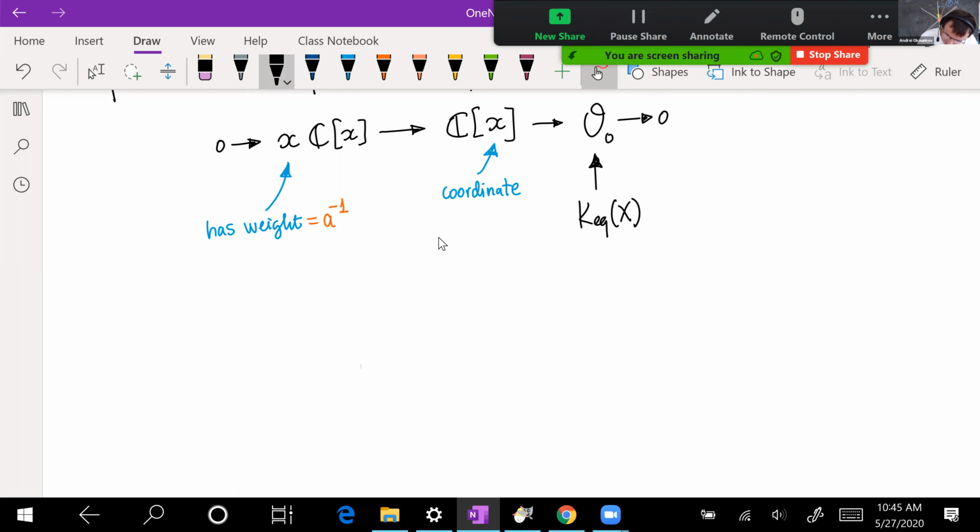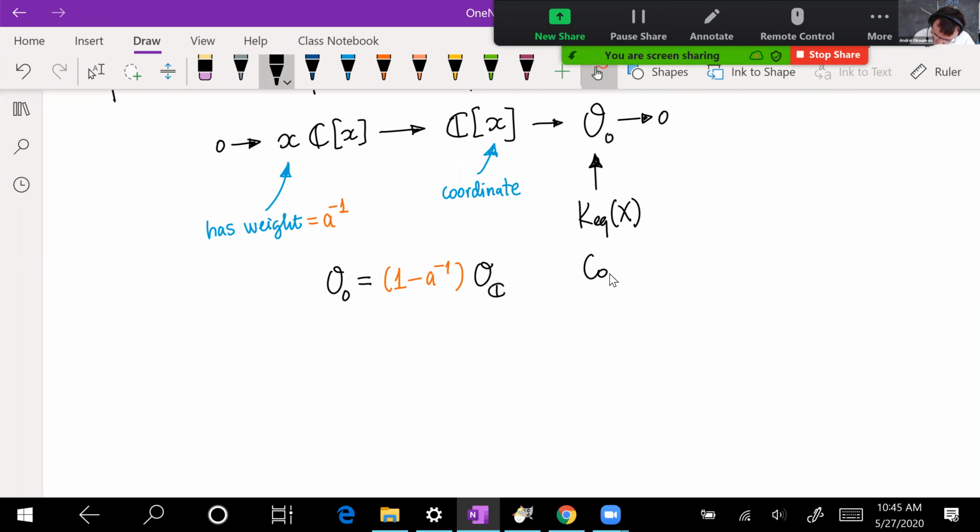So this says that the structure sheaf of the origin in equivariant K-theory is 1 minus A inverse times the structure sheaf of C, right? This is what this formula means.